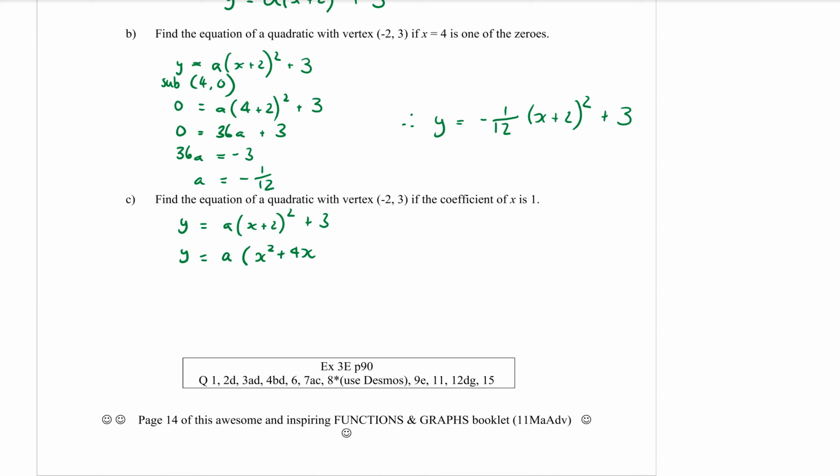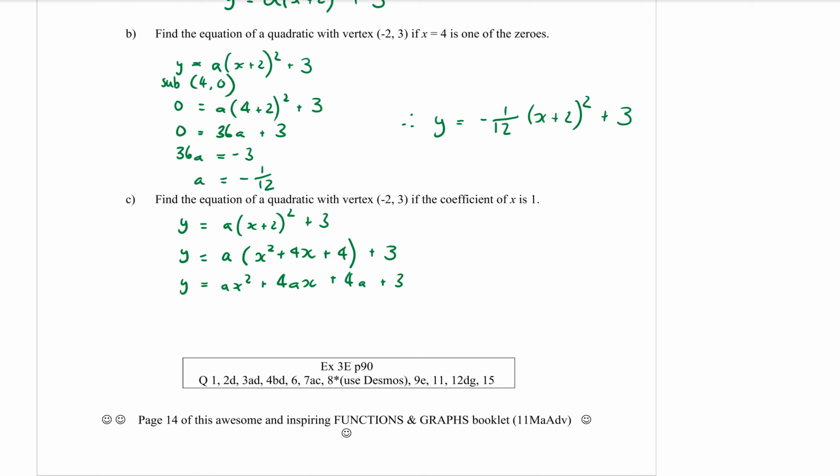And then last term times by itself, 2 times 2 is 4. And we still have that plus 3 sitting on the end. Expand that out again so that our a is expanded into that. We have ax squared plus 4ax plus 4a plus 3.